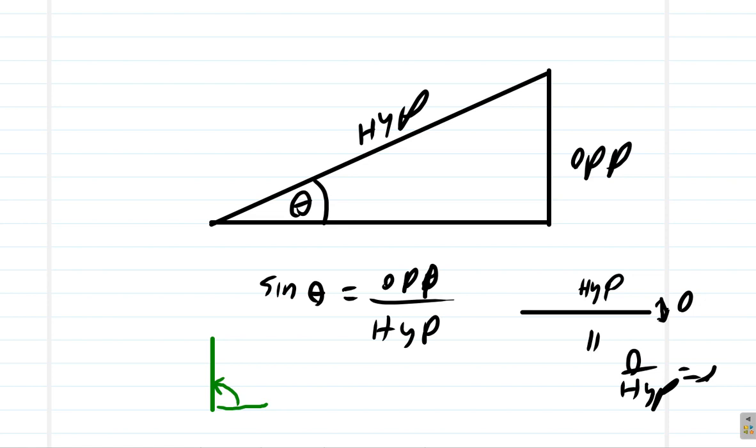So our 90 degrees would look like this. So the hypotenuse would be over this side, and our opposite would be over this side. So the hypotenuse and the opposite would be lying flat together, pointing straight up. So both of them would be the same lengths. So our opposite over hypotenuse would be 1.